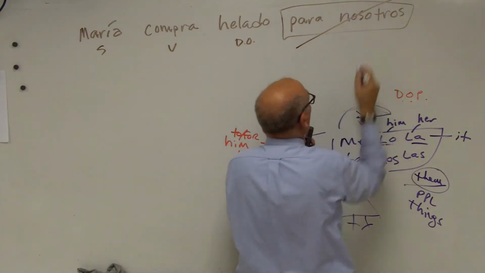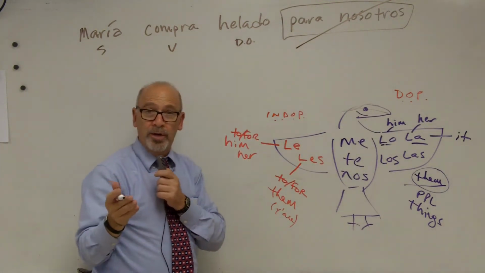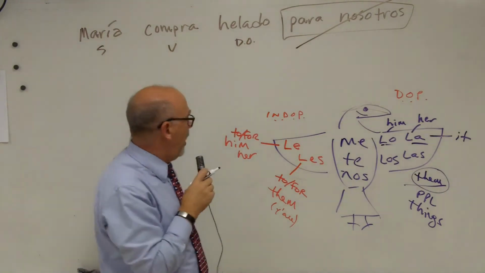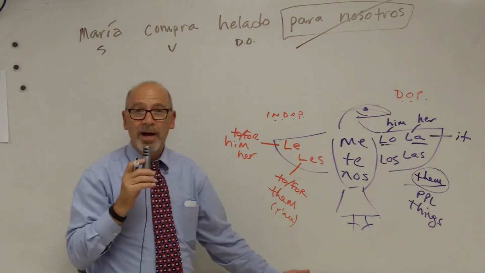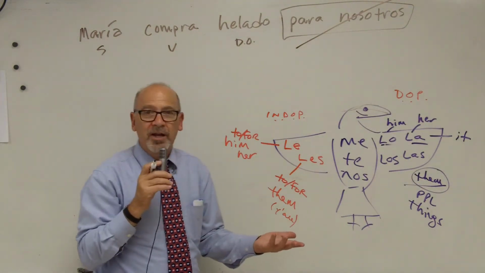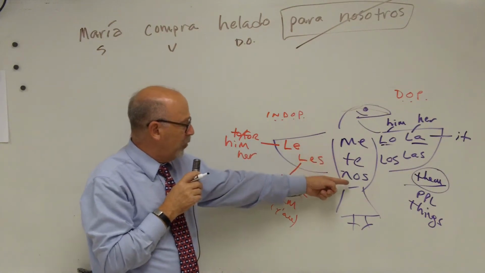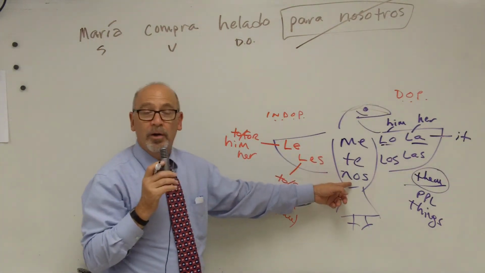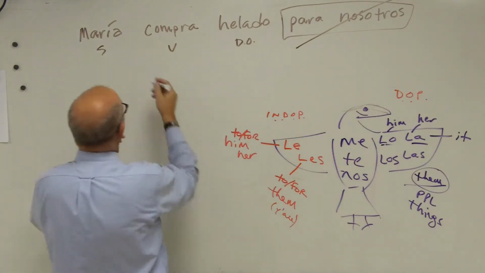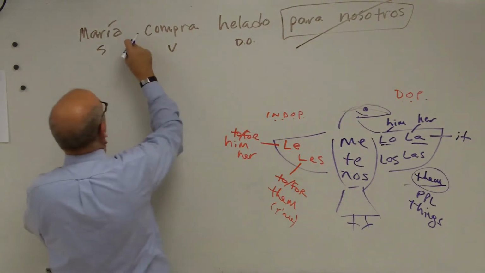Instead, we prefer to use a verb word. What word do we prefer to use that answers the question to or for whom? Well, to us. It's in the middle of the verb. That's what makes it so simple. That's to me, to you, for you, to us, for us. That one's a no-brainer. The word goes right before the verb.